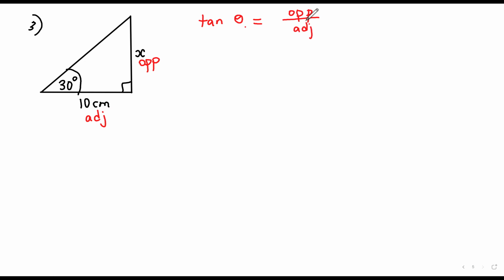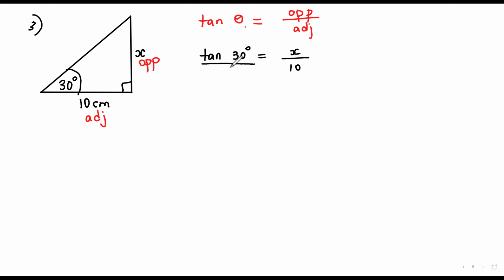That's what we're using to solve the question. All right. So now let's substitute our values there. It'll be tan of the angle of reference, which is 30 degrees, is equal to your opposite, that's x, over the adjacent, which is 10.